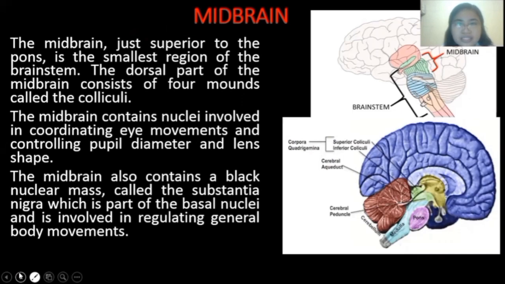So the next division is the midbrain. The midbrain, just superior to the pons, is the smallest region of the brainstem. The dorsal part of the midbrain consists of four mounds called the colliculi. The two inferior colliculi are major relay centers for the auditory nerve pathway in the CNS.